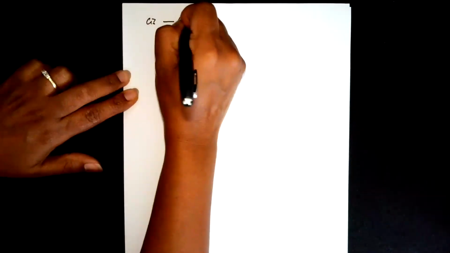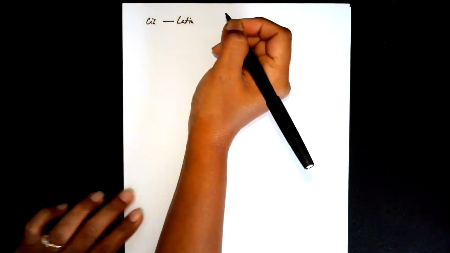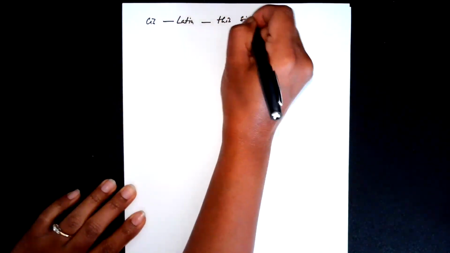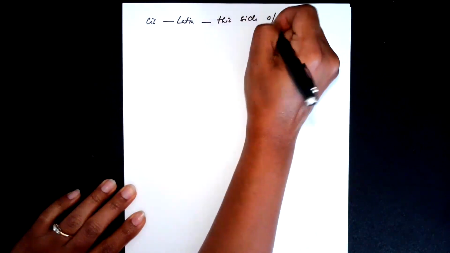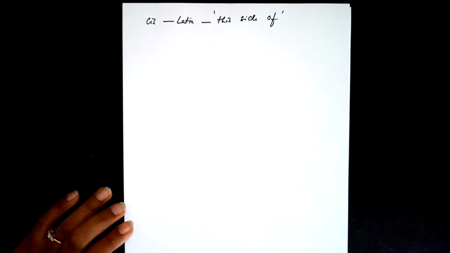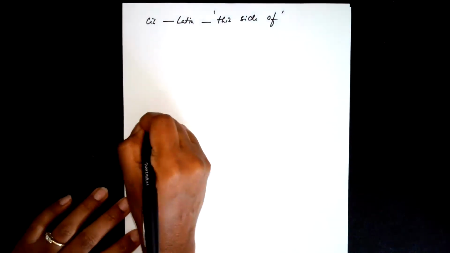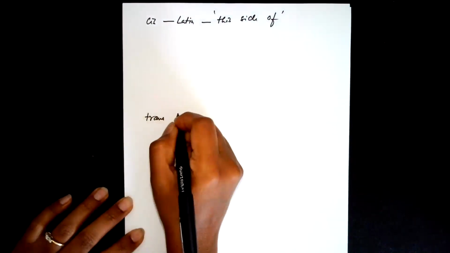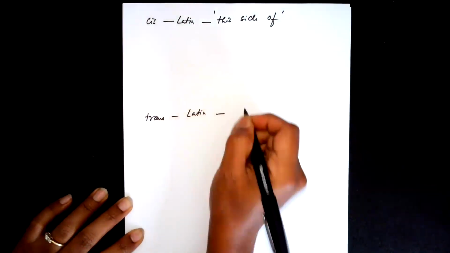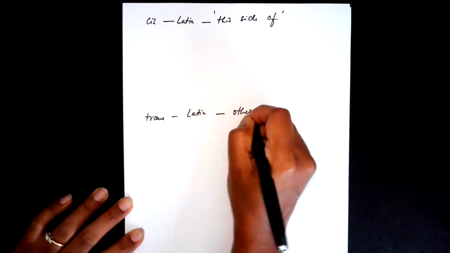So the word cis in Latin means this side of. This side of. And I'll leave a little space so that I'm able to draw something out for you. The word trans, again in Latin, would mean other side of.